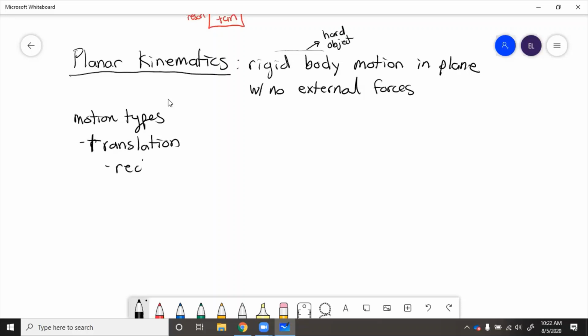There's rectilinear, which is in a straight line. Curvilinear, which maintains its same orientation. There's also rotation. This is fixed axis rotation.